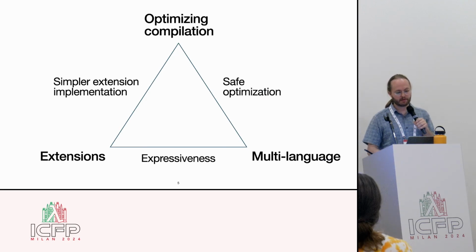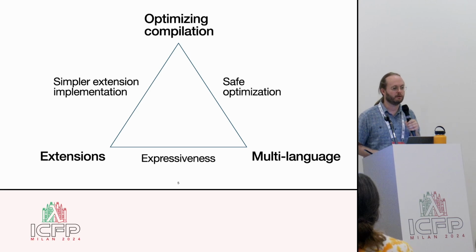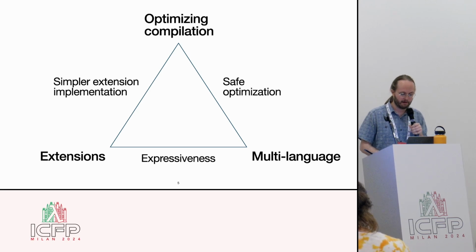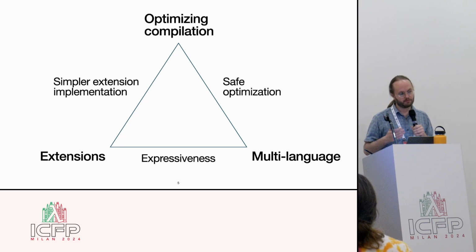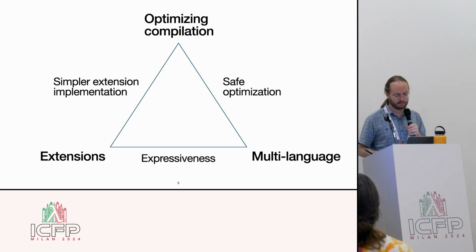So I just want to preview some of the advantages that we're going to get out of being able to combine all of these three things together. We'll see these all in demos, but just to fill your mind ahead of time. So one part is that by having both extensions and optimizing compilation, we're going to be able to write simpler extensions but still get decent performance because the output of an extension is going to get optimized.